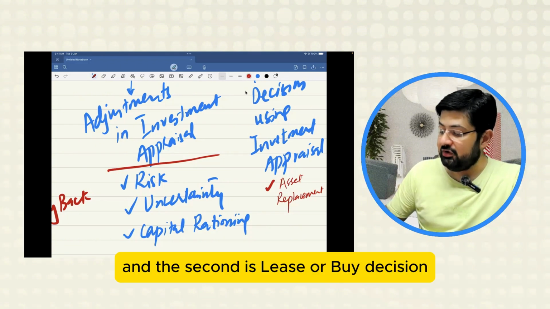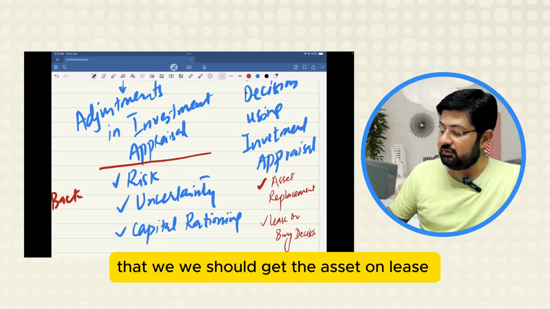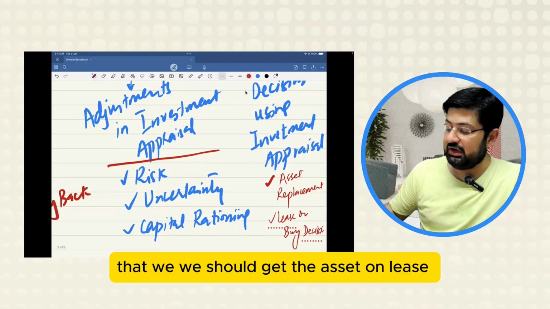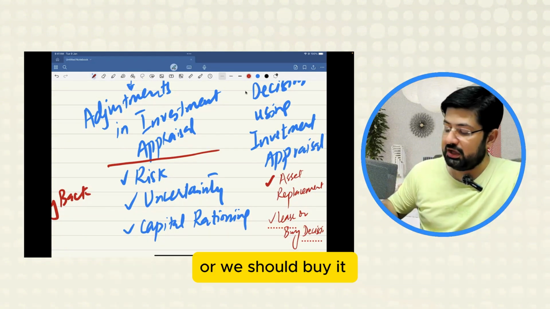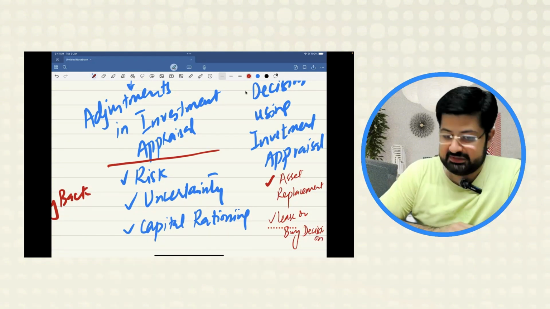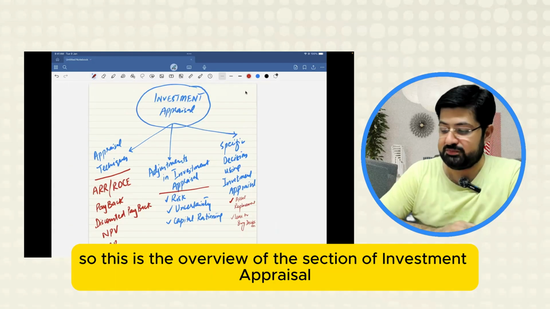And the second is lease or buy decisions, that is, whether we should get the asset on lease or we should buy it. So this is the overview of the section of investment appraisal.